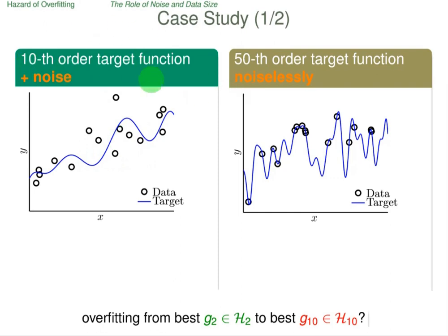First, a 10th order target function generated these data points, 15 data points, which are noisy. And then a 50th order target function, noiseless. All the data have been generated by some fixed target function, noiseless. Now we want to see how G2 and G10 perform, whether they overfit or underfit, given these two cases.